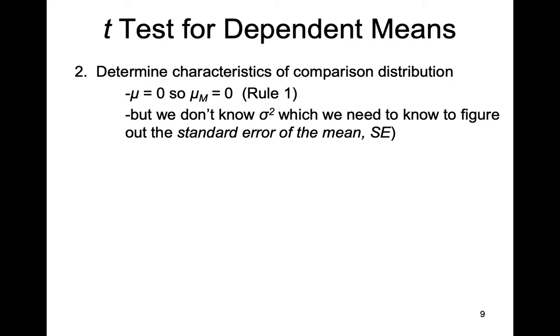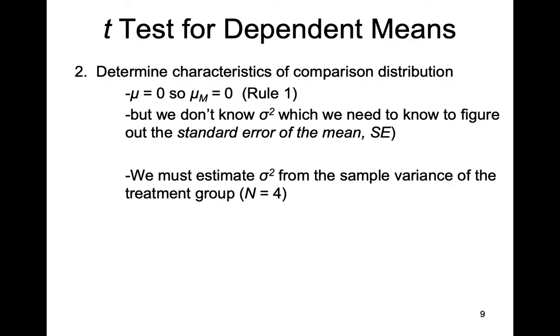Now, again, we don't know what the population variance is. And so similar to a one-sample t-test, we need to figure out the population variance so that we can figure out the standard error of the mean. So we need to estimate population variance from our sample variance that comes from our treatment group. We have this sample of 4 people, we have their data.